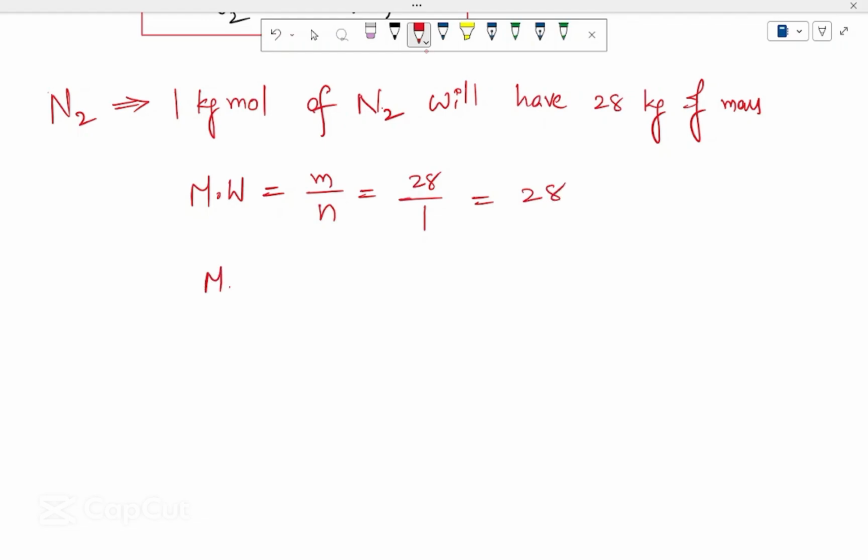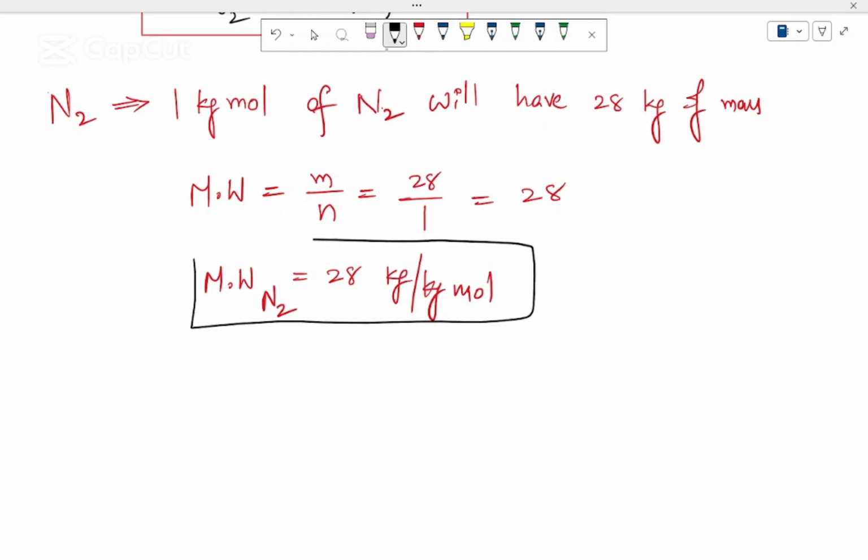So the molecular weight of nitrogen will be equal to 28 kg per kg mole.